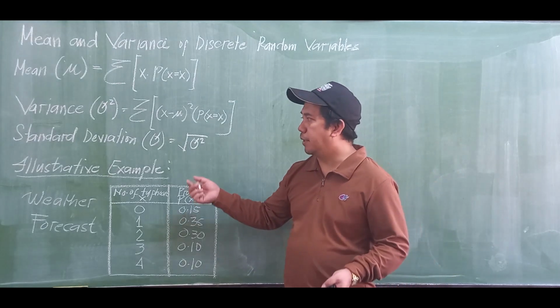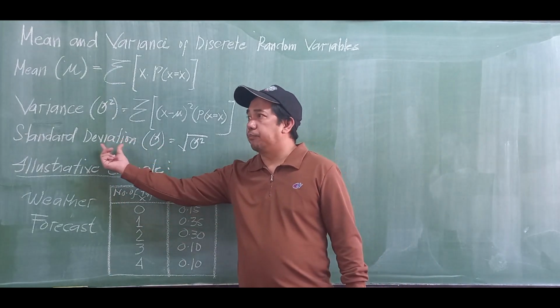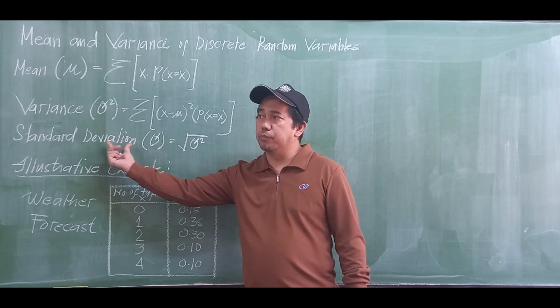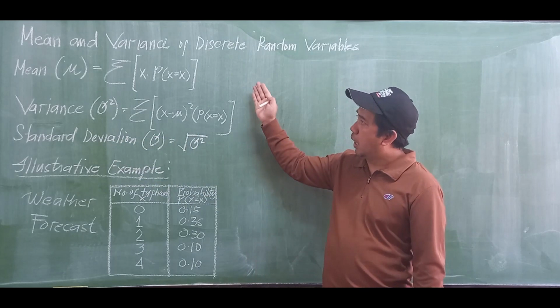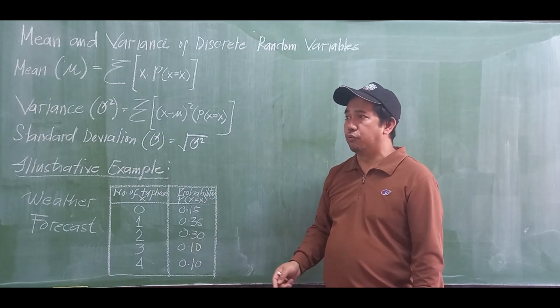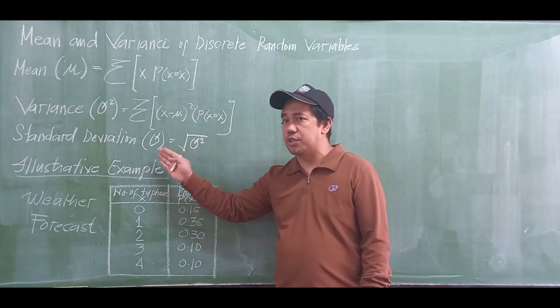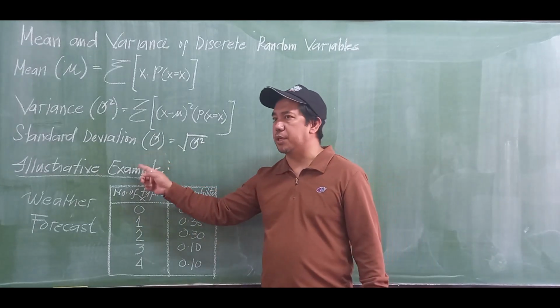And it is actually the distance from the mean of the given set of discrete random variable. So it is actually the distance.